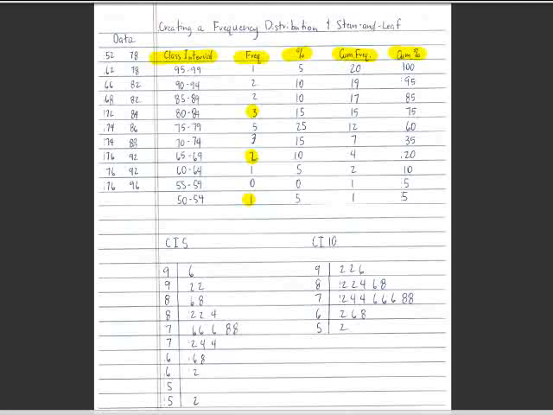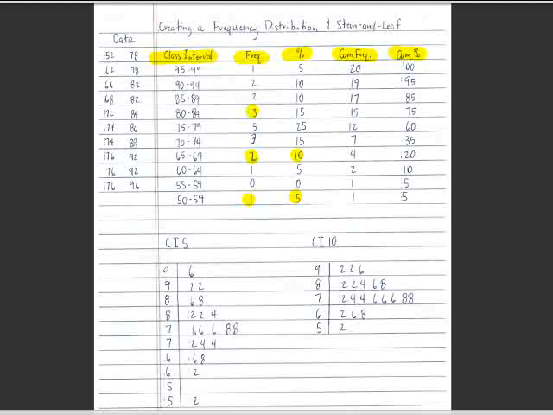The percent column is found by identifying the percentage of scores within each of the class intervals. It's found by dividing the frequency in each interval by the total n. So in this case it's 20 scores. So 5% of the scores were from 50 to 54, and we found that by dividing 1 by 20. 10% of the scores were 65 to 69.